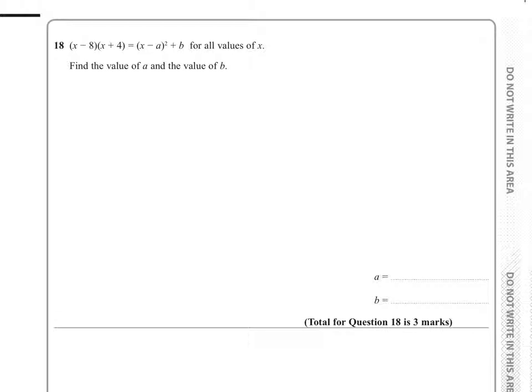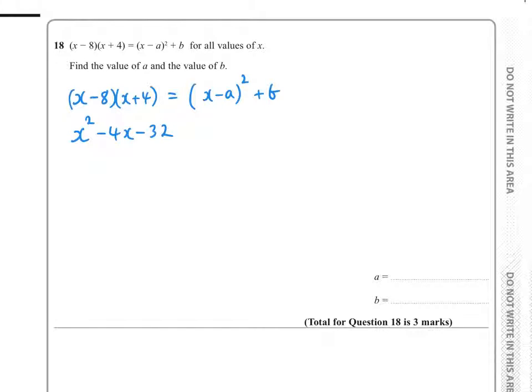Question 18. We have x minus 8, lots of x plus 4, and that's equal to x minus a all squared plus b for all values of x. We've just got to find the values of a and b. Well, there are a few ways of looking at this. One way is to expand this, so we'd have x squared, and then we'd have 4x minus 8x, that's minus 4x minus 32.